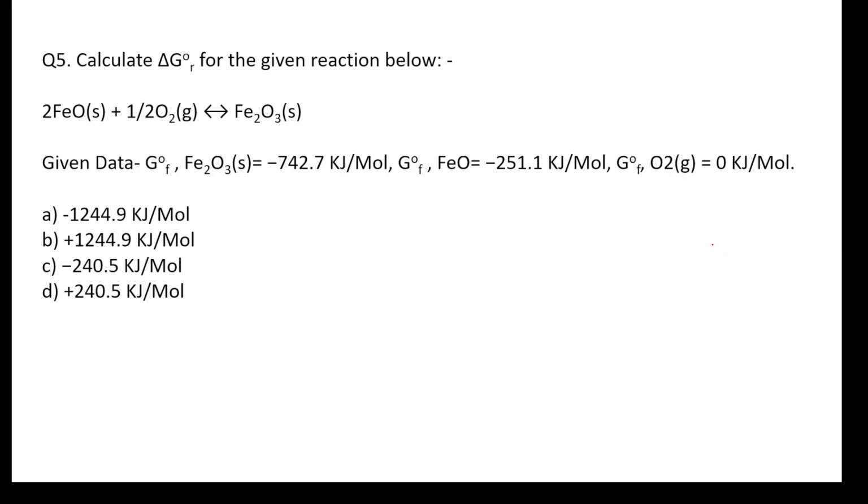And see the sign, the moles of FeO, it is 2. So you have to multiply by 2 also. Okay, it is 2 FeO. So whatever the Gibbs free energy of FeO, that is minus 251.1, you have to multiply by 2 also. Then subtract or add.